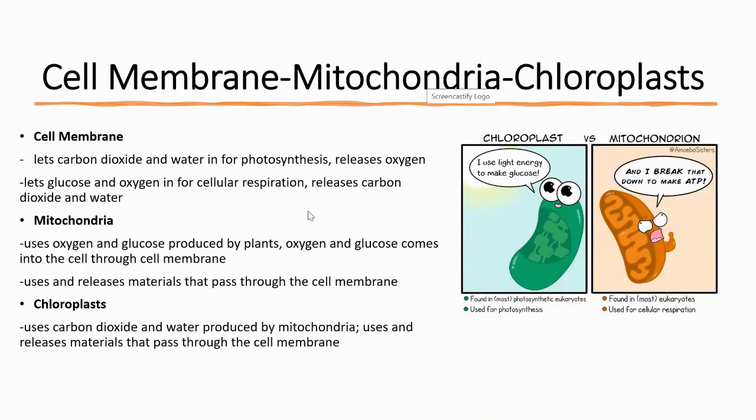The mitochondria need oxygen and glucose that's produced by chloroplasts, and the chloroplasts need carbon dioxide and water that is produced by respiration in the mitochondria. How do these organelles receive these materials? The cell membrane. The cell membrane is going to be providing those materials to those two different organelles that work very closely together.